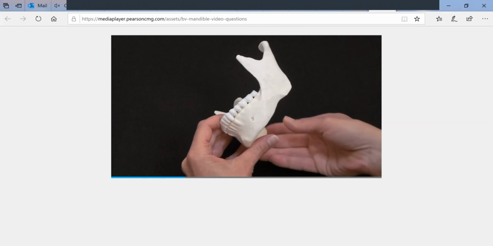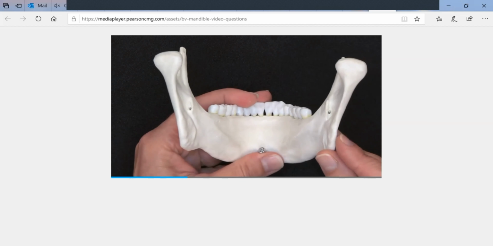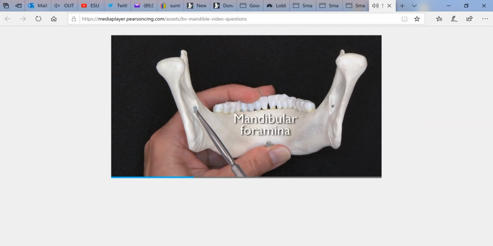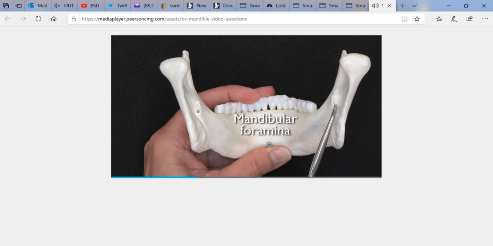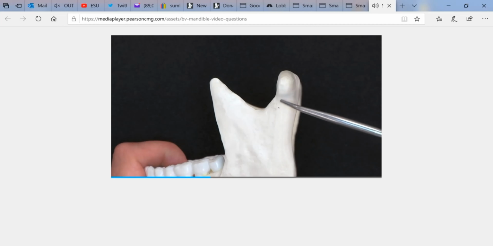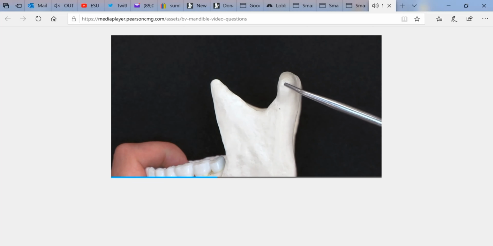The mandibular foramina are located on the medial surfaces of the mandibular rami. These openings permit the passage of nerves carrying sensation from the lower teeth. The superior posterior border of the mandible has a bony knob that articulates with the skull.